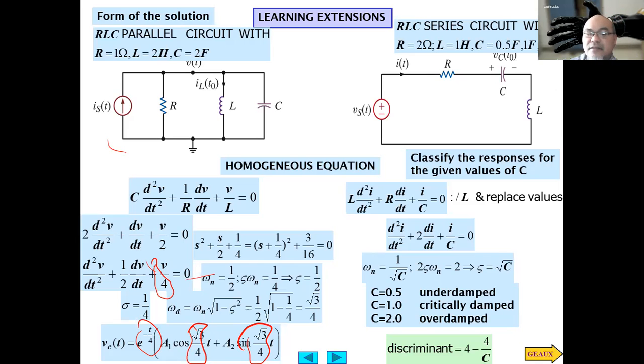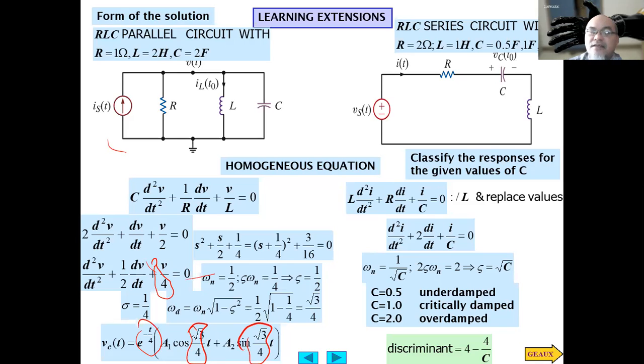There is A1 and A2 there. If it is critically damped, then we have (B1 + B2 t) e^(st), right? If it is overdamped, we have K1 e^(s1 t) + K2 e^(s2 t), right?